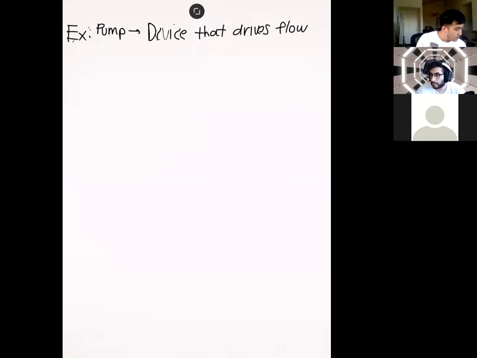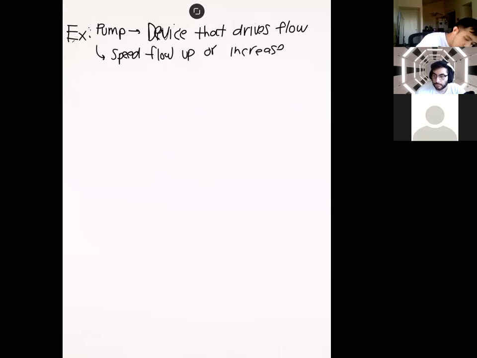In other words, what a pump does is input energy into the flow, and that's going to either speed it up or increase its pressure. One other thing I should mention is that we can use a pump to drive a flow up to a certain height.